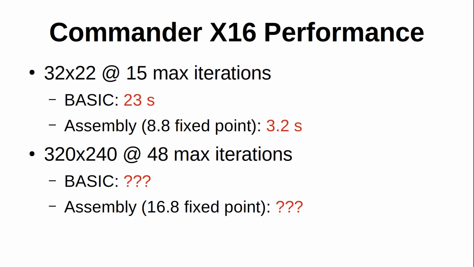So for assembly, the 8.8 fixed point representation for numbers is just not going to cut it because we're dealing with 320 by 240. It's above 127, so we really need more than 8 bits for the integer part of our number. And by just doing 16 bits, obviously that's overkill at that point. We really only need like 10 bits for the integer, and keeping it with 8 bits for the fraction.